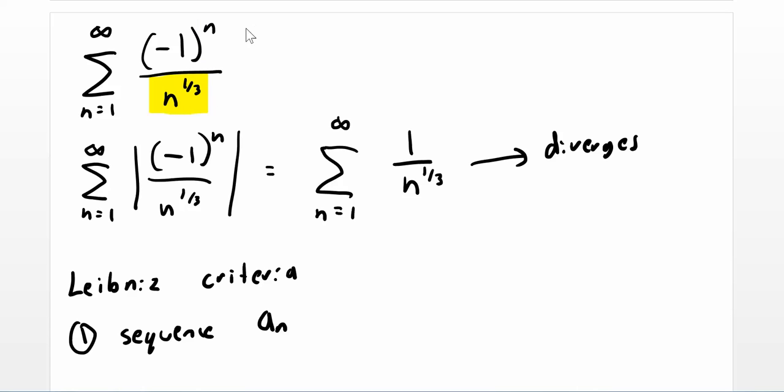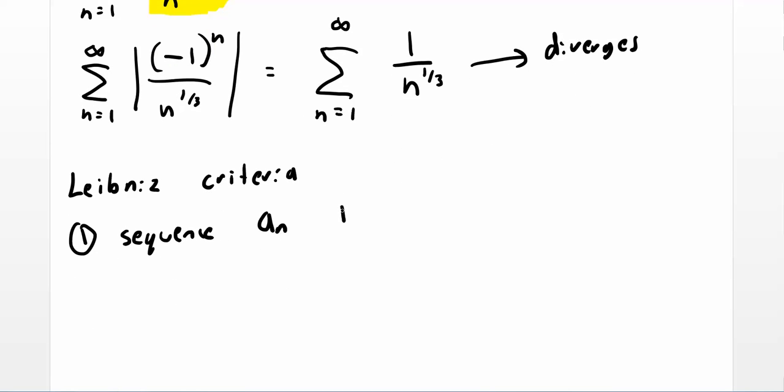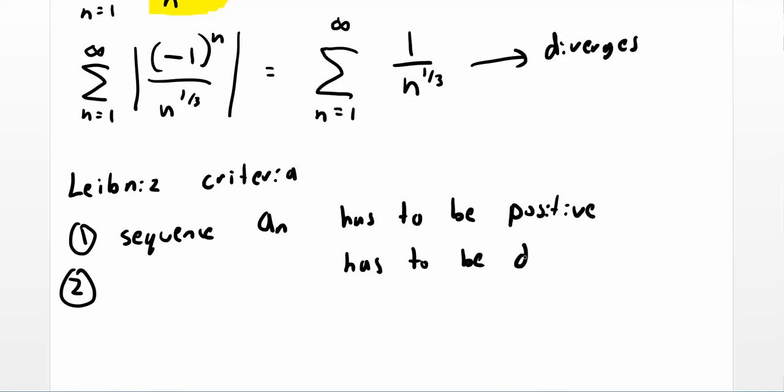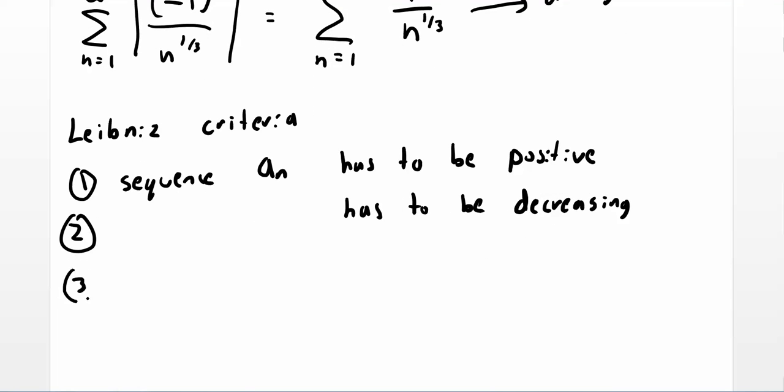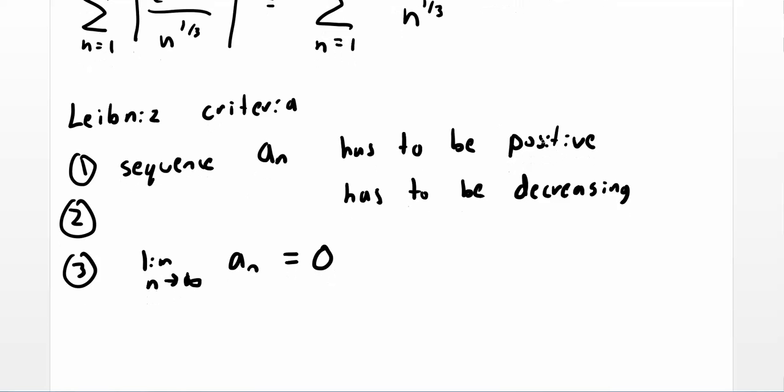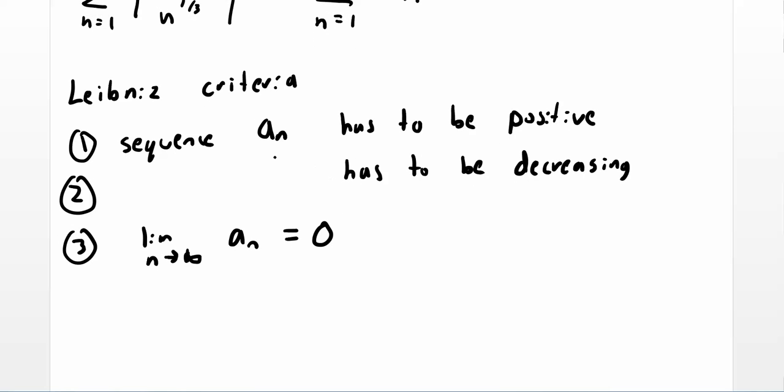So 1 over n to the 3rd would be our an. 1, the sequence has to be positive. 2 has to be decreasing. And 3, the limit as n goes to infinity of an has to be equal to 0. If it satisfies all 3 of these, we say it converges conditionally.